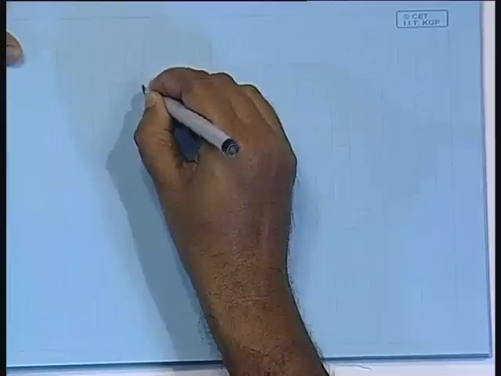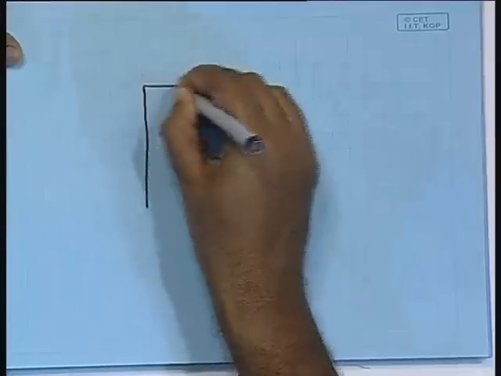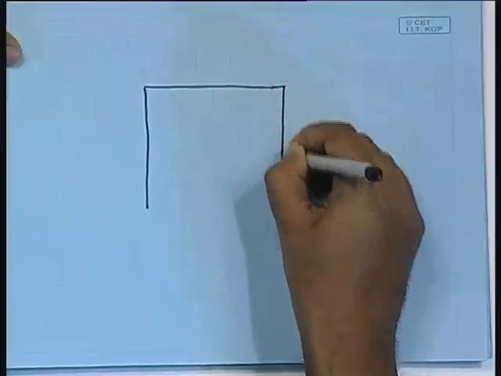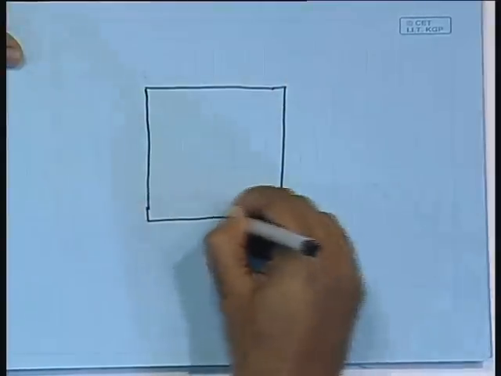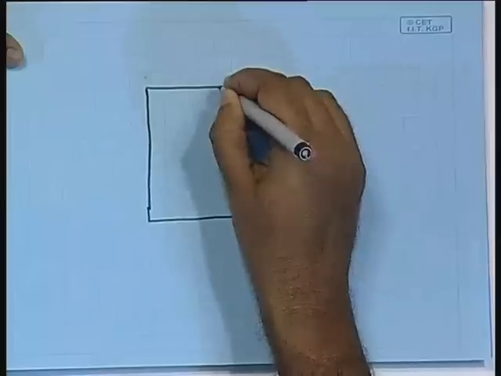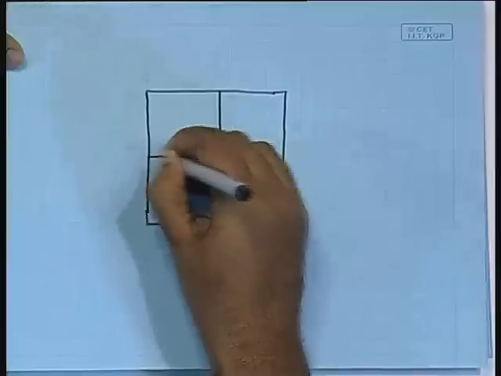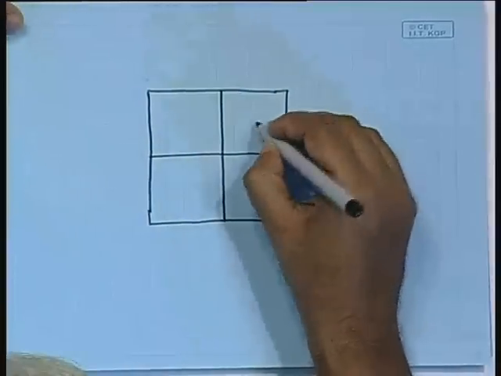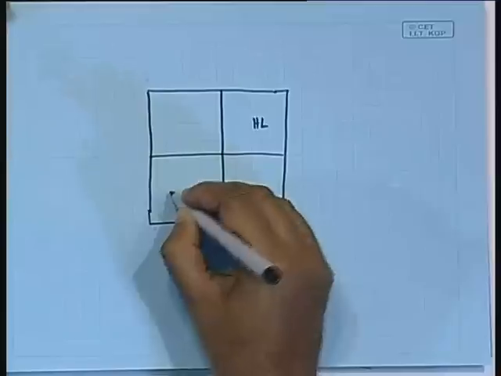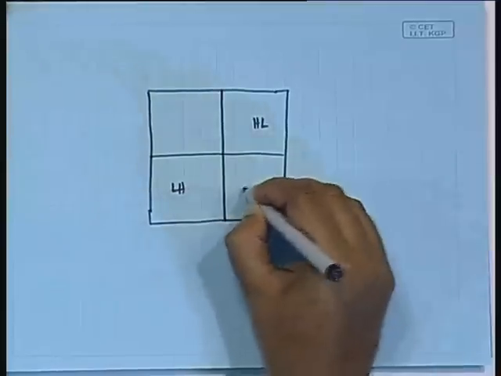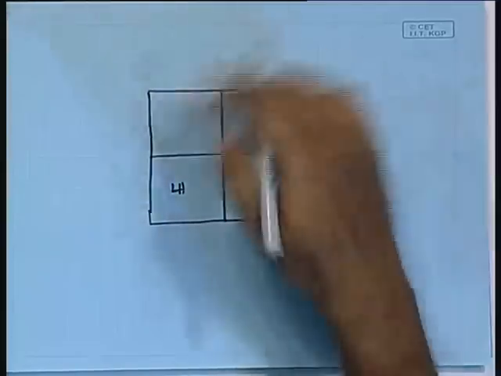So, if I analyze the LL subband, essentially what we are going to get is something like this: this was our original image size. Okay. We split up into 4 subbands, and let us say that we keep the HL, LH and HH intact as they are, but we analyze the LL subband further.